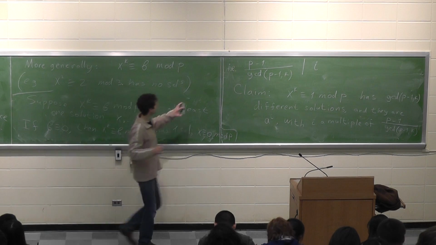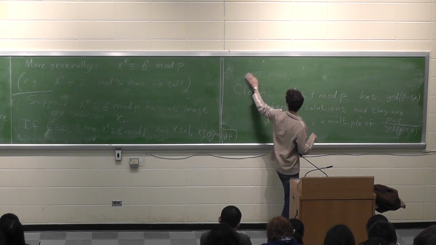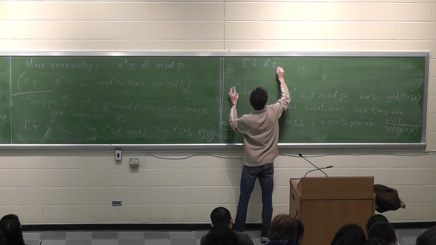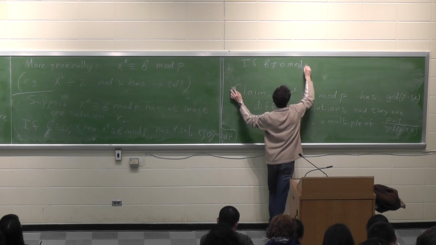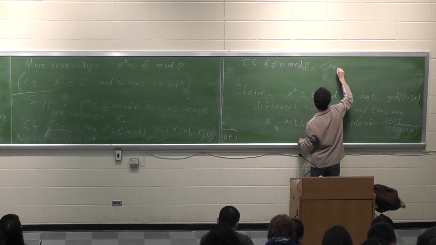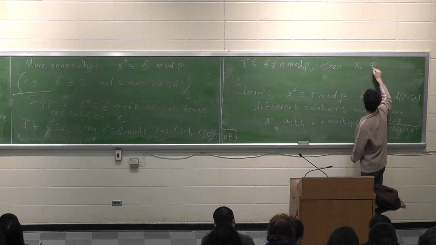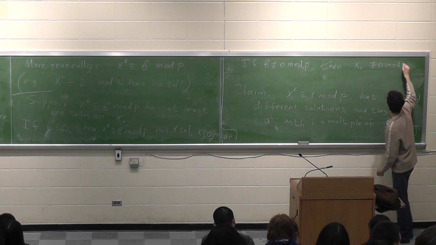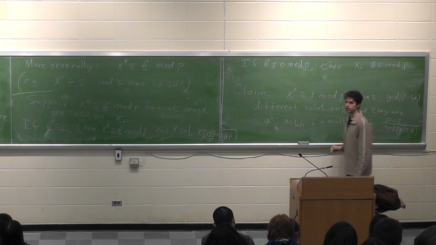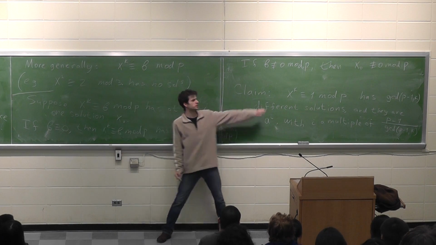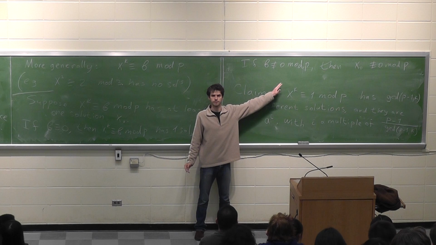If b is not equal to 0, then first of all, my solution is not congruent to 0. So let me take any solution of this equation and divide it by this particular solution.